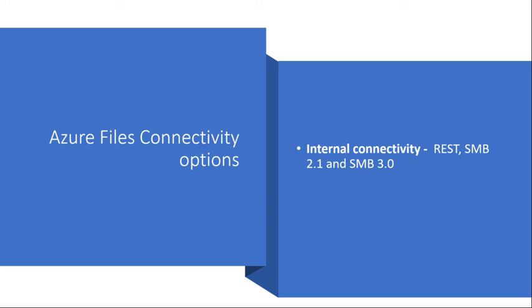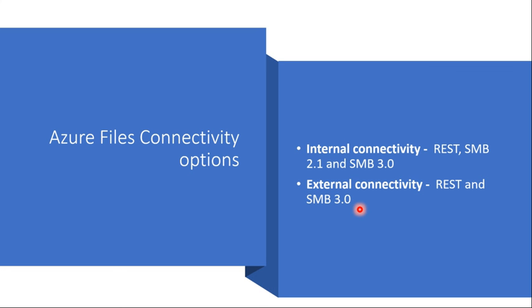Another one is external connectivity, and in this scenario, the client machines accessing the file shares are located in different cloud environments or could also be on premises. Here we only have the options of using REST and SMB 3.0.